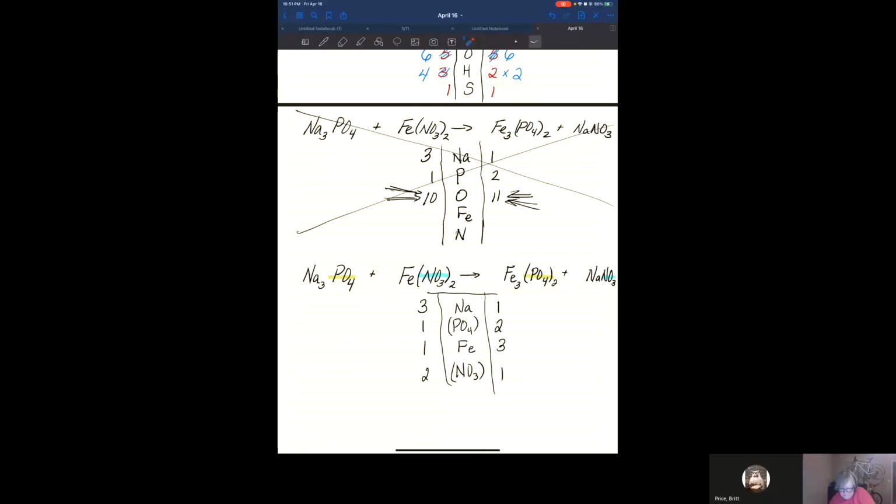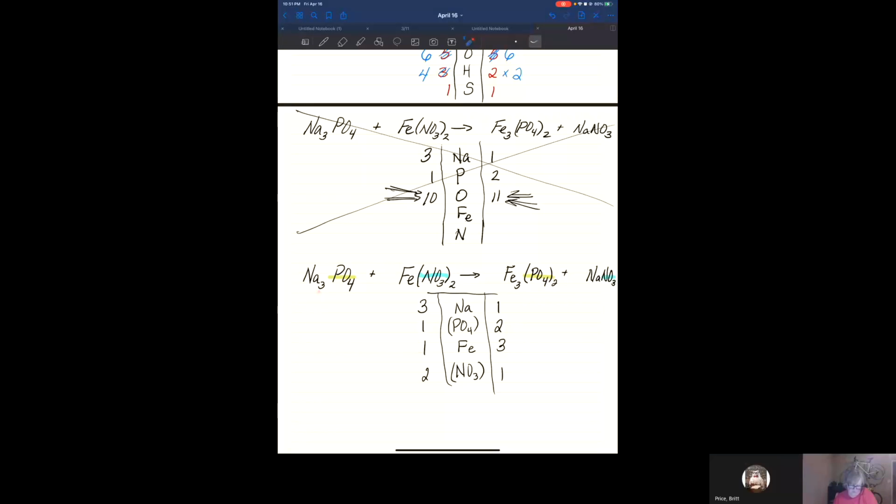Let's see if we can balance the iron and that phosphate first. Again, starting from the most complex. They're all pretty ugly. The reason I think starting here is that both of them are not 1. So I've got a 3 and a 2.